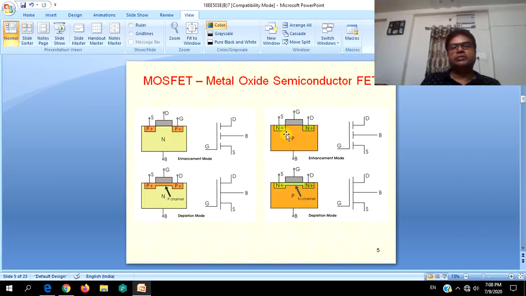So enhancement modes are normally open switches, whereas depletion modes are normally closed switches. In most of our power electronic and electronic applications, we will be using normally open switches, or we will start them as normally open switches, and when required, we will make them conduct as if they are closed. So among all the configurations, the N channel MOSFET with enhancement mode is the most used one.